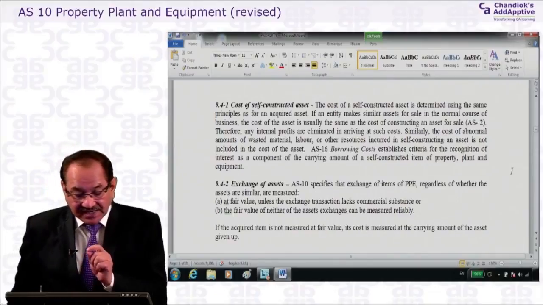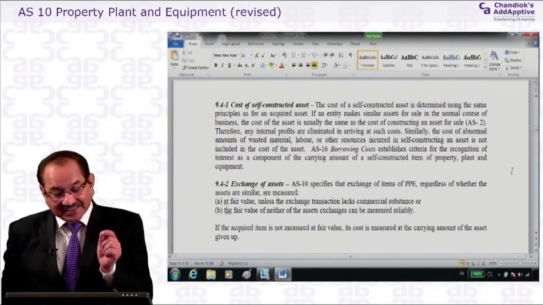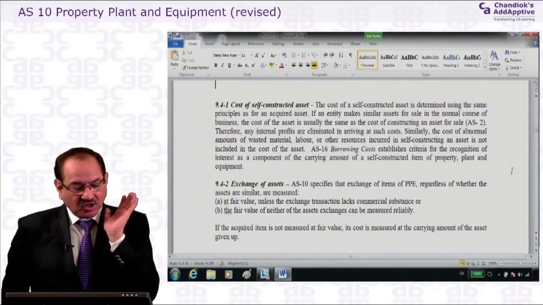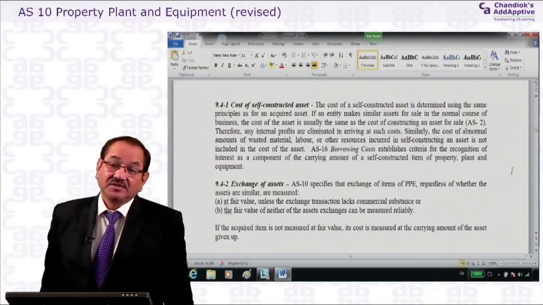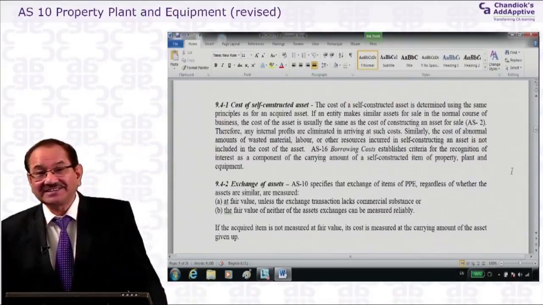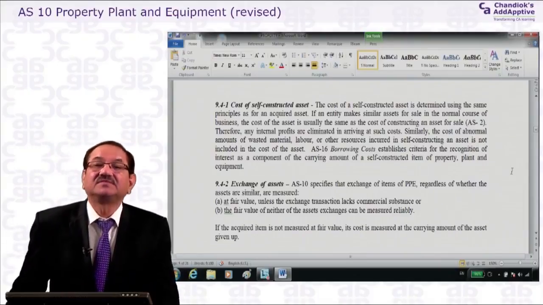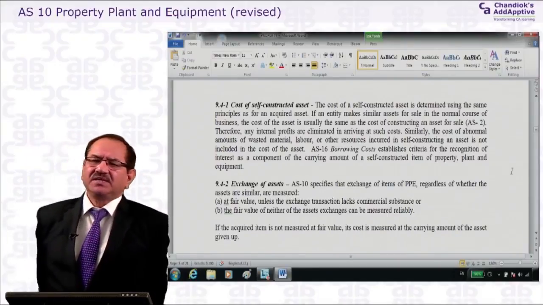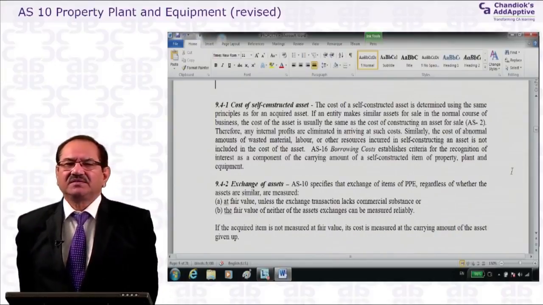It says that regardless of whether the assets are similar, they are measured at fair value, unless the exchange transaction lacks commercial substance, or the fair value of neither of the asset exchanges can be measured reliably. Sometimes you exchange a building with plant and machinery. It was a typical plant and machinery, not being traded in the market. It has no such type of market.